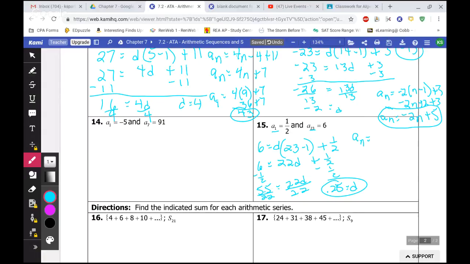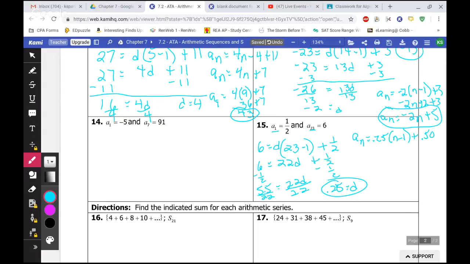Now we're going to find a rule. We're going to plug in 0.25 as our common difference. And we've got n minus 1 plus 1/2. Or probably best to go ahead and write that 1/2 as 0.5, really.